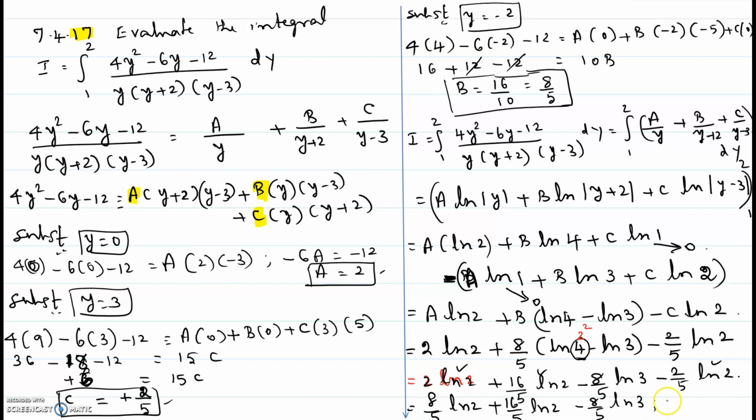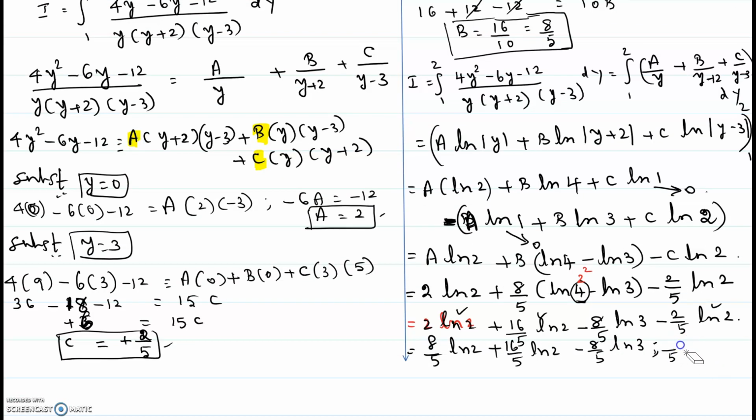So if you take 8 over 5 outside, we have 8 over 5 times ln 2, plus, if we remove 8 over 5 from here, we are left with 2 ln 2, minus ln 3. So it will be 8 over 5 times (3 ln 2 minus ln 3).